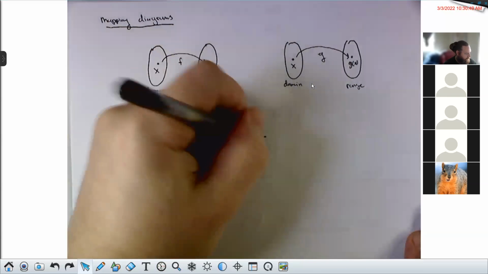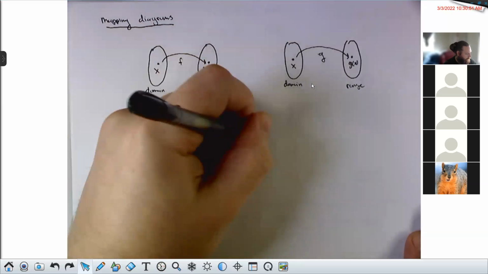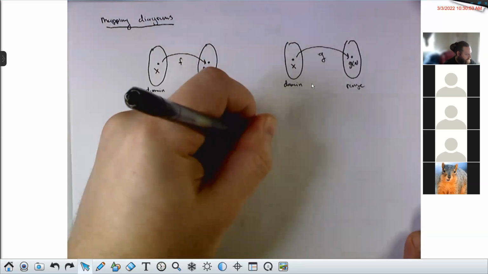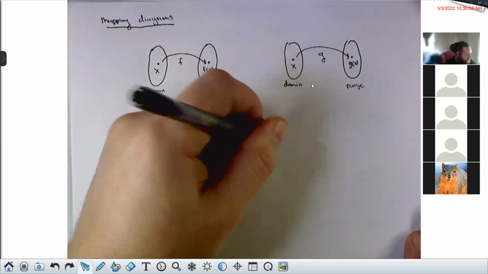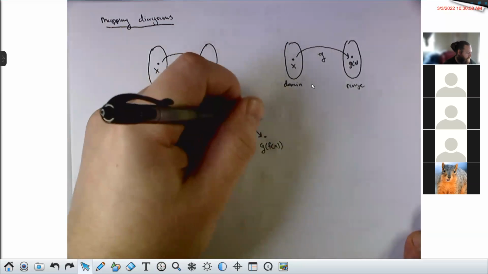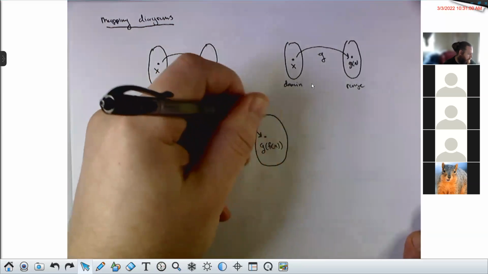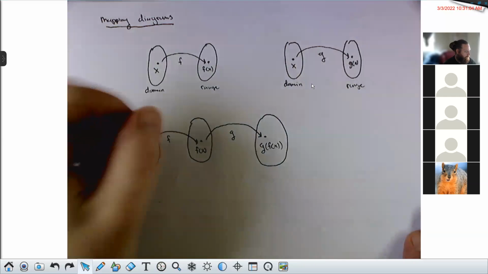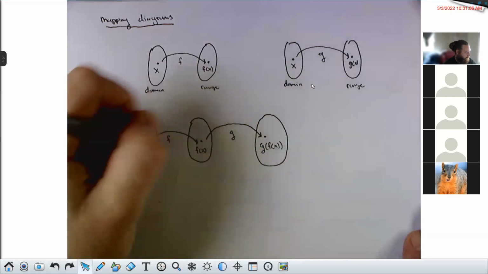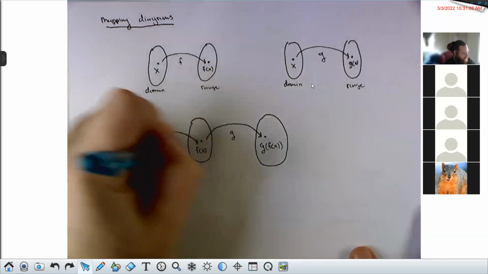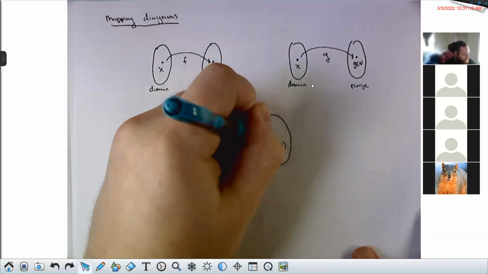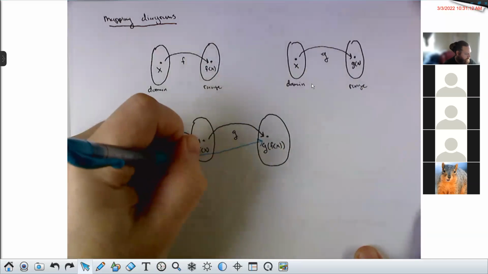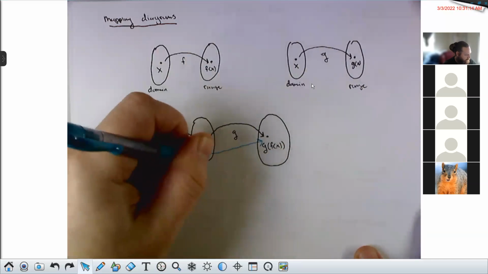This would be, I've done it in the other order, this would be g of f of x. And if you think of there as being just a single map, a single arrow going from here straight to here, that would be g of f.